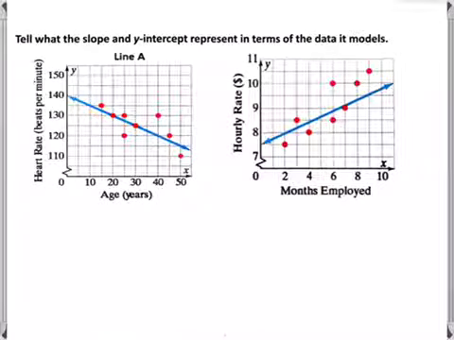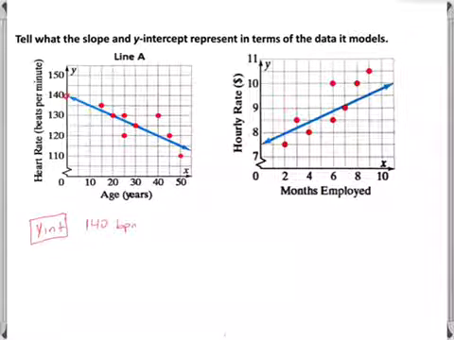Here we want to talk about what the slope and y-intercept represent in terms of each of the data that is modeled. For line A, your y-intercept is about 140 here, and that's representing the 140 beats per minute of your heart rate at birth.